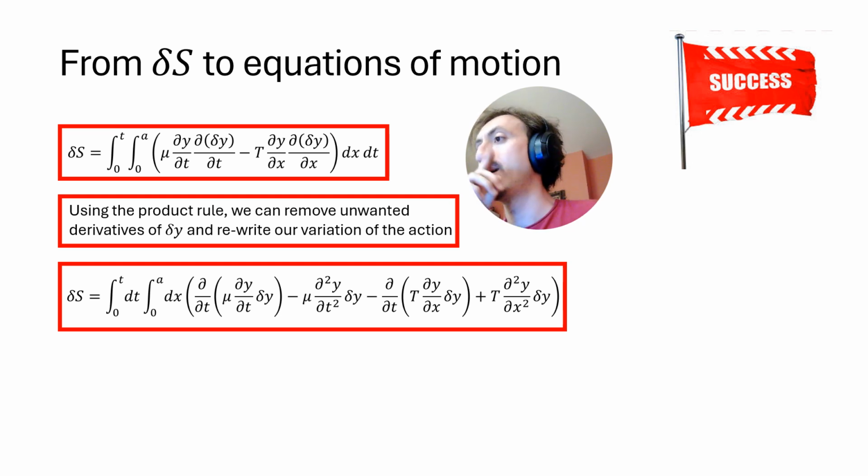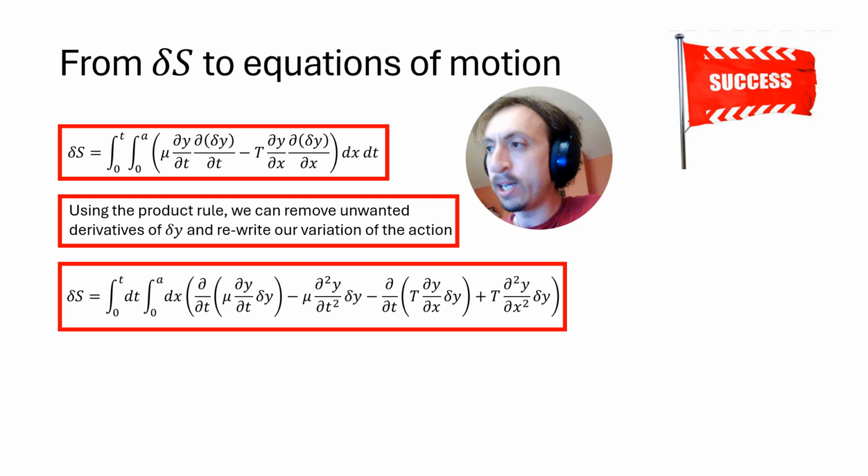And you might wonder, okay, that term is gone, but how do we go from here? Well, being fairly free with the order of the integrals, you can evaluate this.